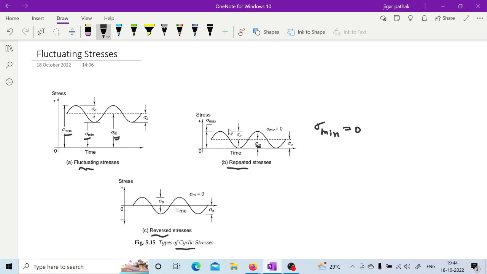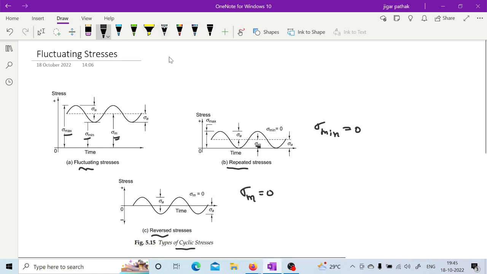So it will go to a maximum and again come to 0, and that cycle will be repeated, right? And finally in case of reversed stress, your sigma mean will be equal to 0, and about that you will have maximum and minimum stress. So this is how the various natures of stress are there in different cyclic stresses.